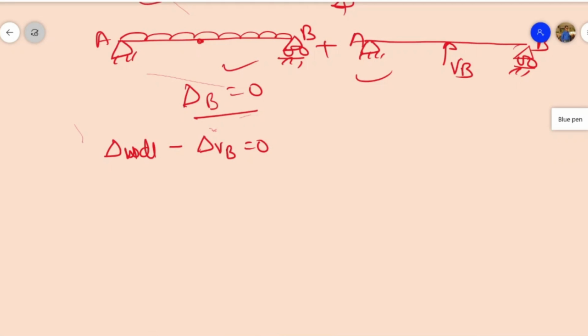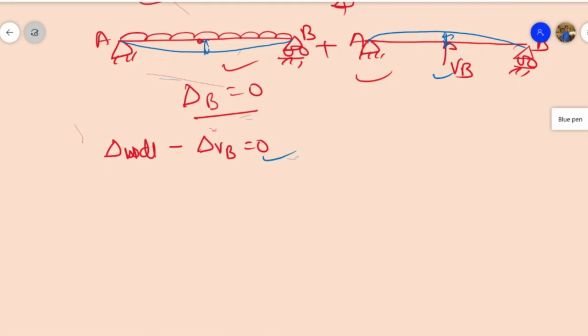Because of this UDL, the beam will deflect something like this, and due to this point load, the vertical reaction, this beam will deflect like this. So if we add this deflection and this deflection, then we will get net deflection 0.